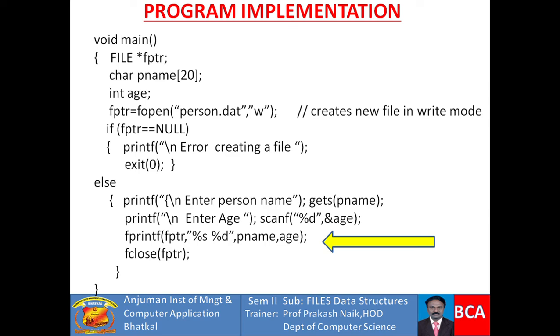You consider fptr, which indicates person.dat, then %s and %d are the conversion specifiers for pname and age. Now the contents of pname and age are stored to the file called person.dat. Once it is stored, the file is closed using fclose of fptr.